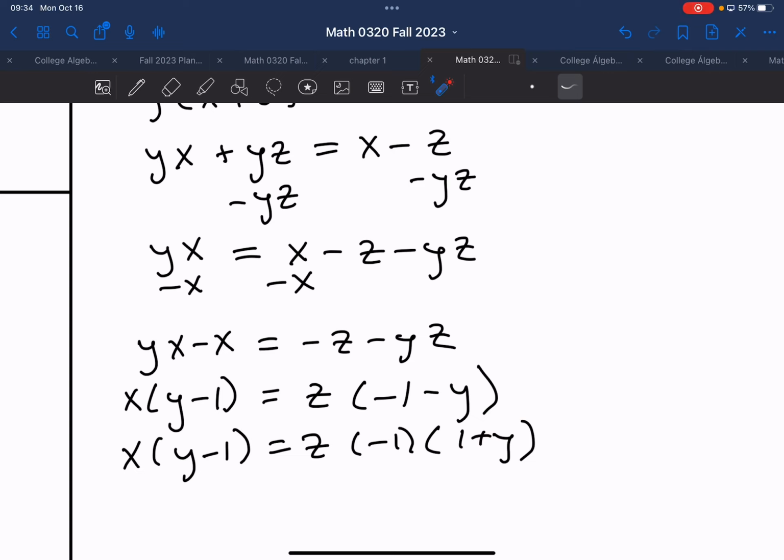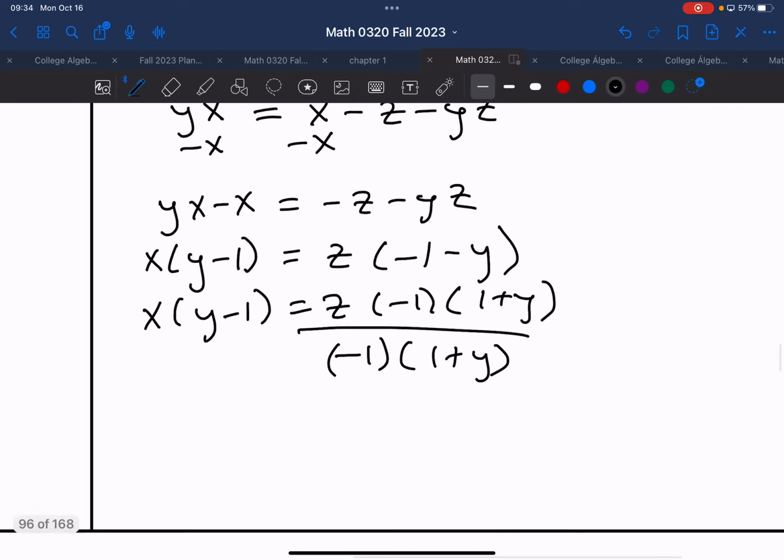However, notice that we now have z completely by itself, because it's all being separated by multiplication. So what can I do to these two parts to get z by itself? Divide. So I'm going to divide both sides by negative 1 times 1 plus y.